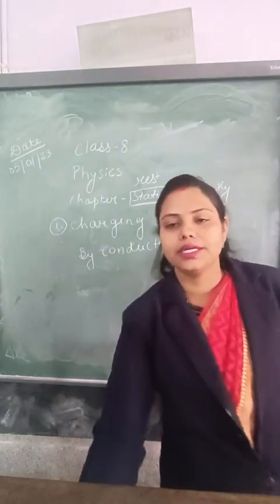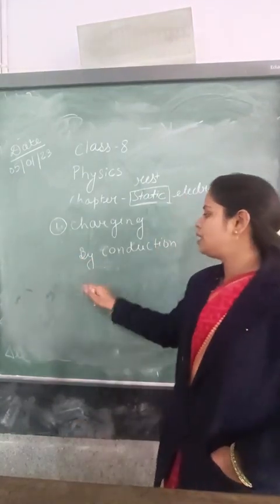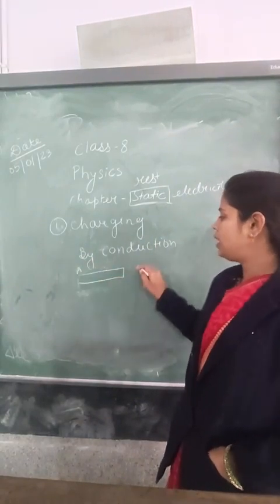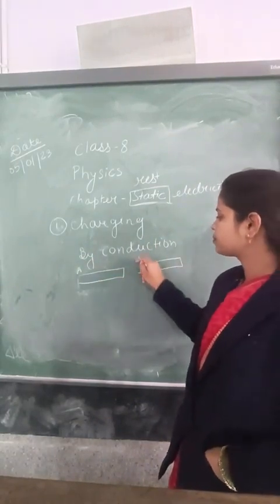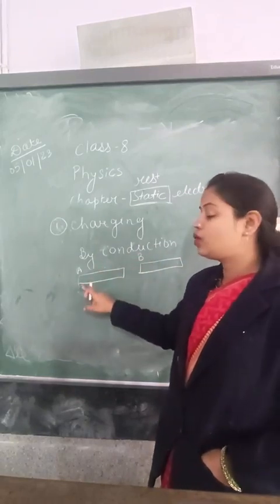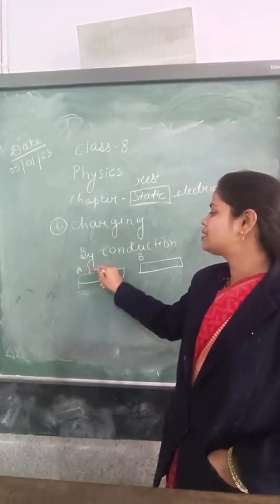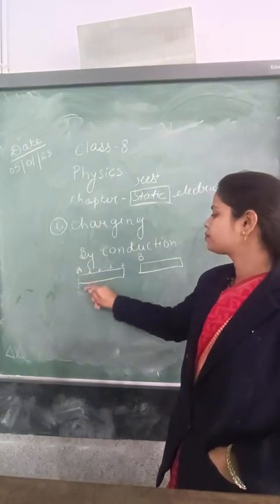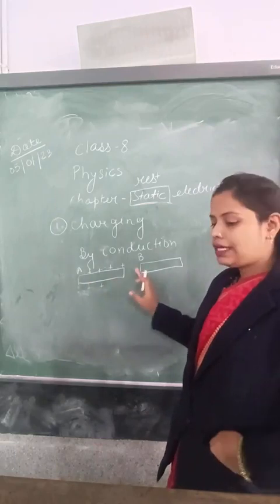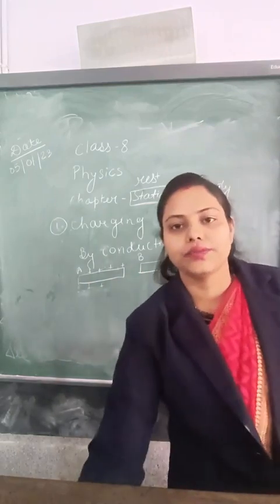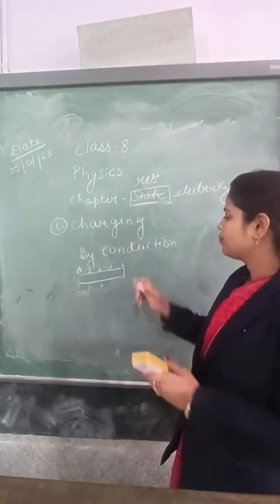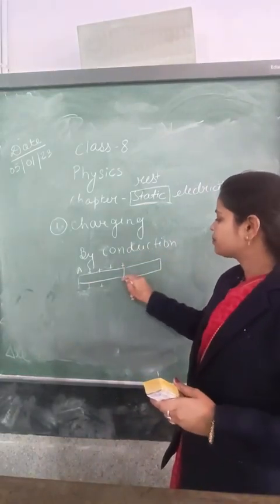In the conduction method, two rods are taken, which I am marking A and B. Rod A is the rod which is charged. Let us suppose it is charged positive. And rod B is uncharged. In conduction, they will come in contact. So when rod B comes in contact with rod A, what will happen?